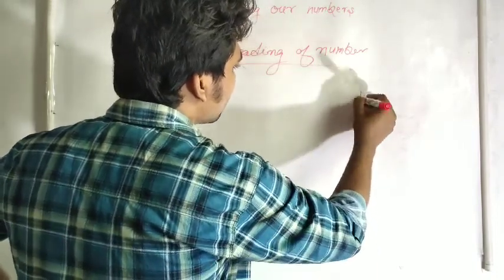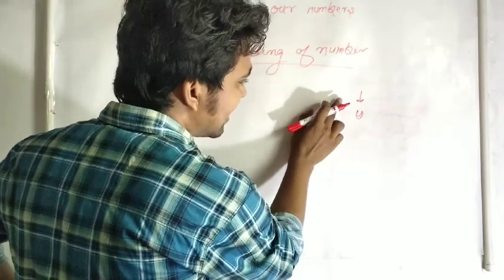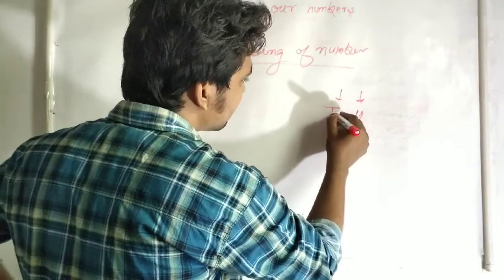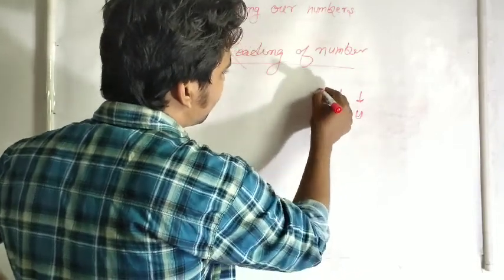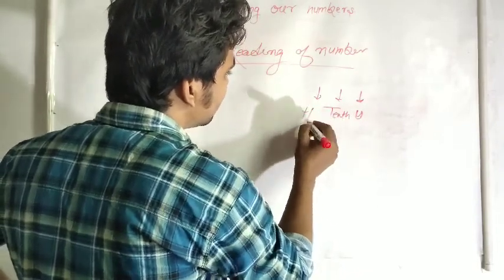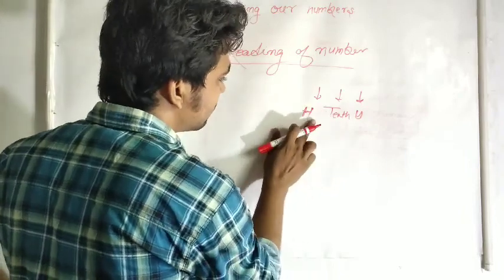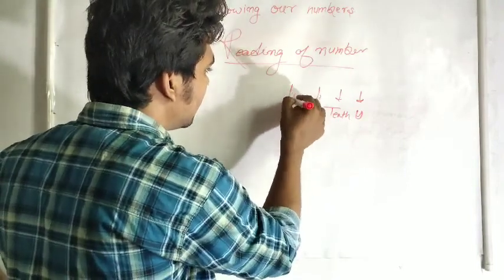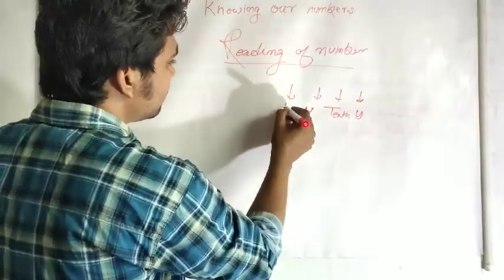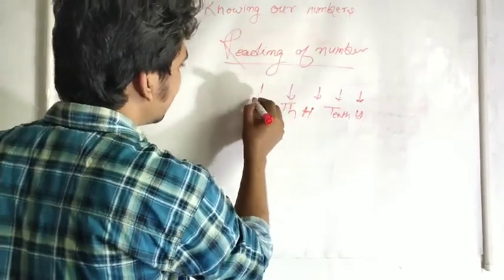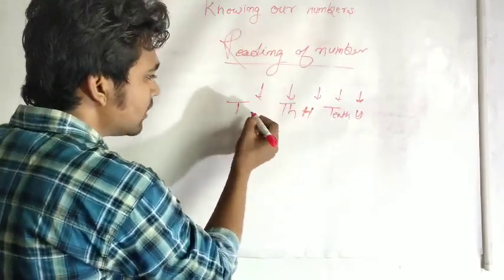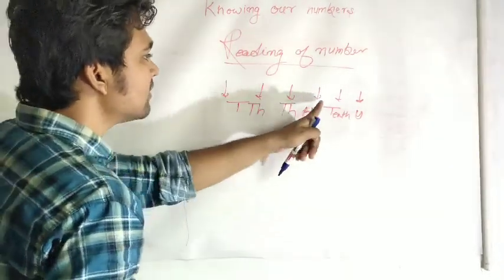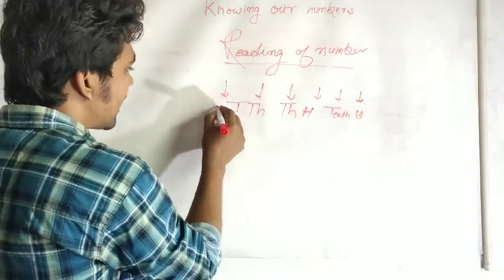When a number is at the second place from the right side, we call it the tens place. For the third place we use 100. I am using only the symbol or the first letter of that meaning. So at the 1000 place we use th. At the 10,000 place we use 10,000. At the sixth place, the lakh place, we use lakh, that is L.